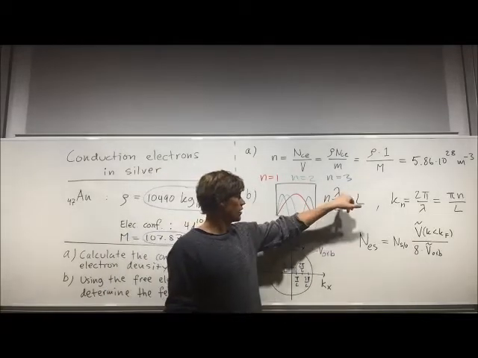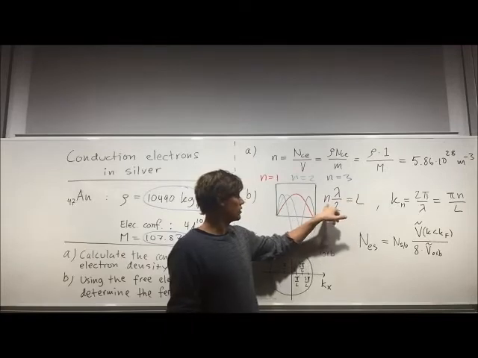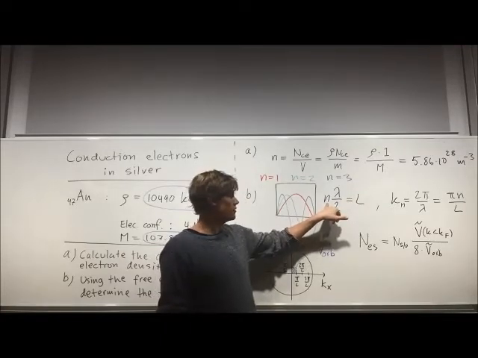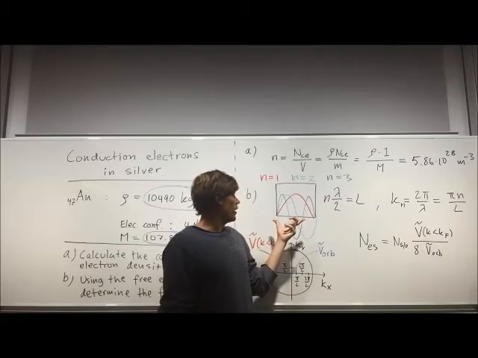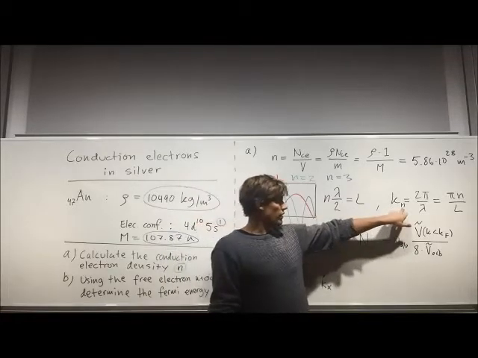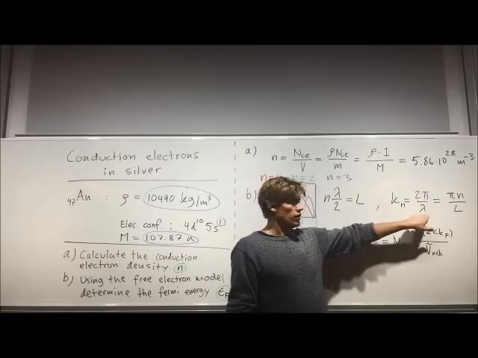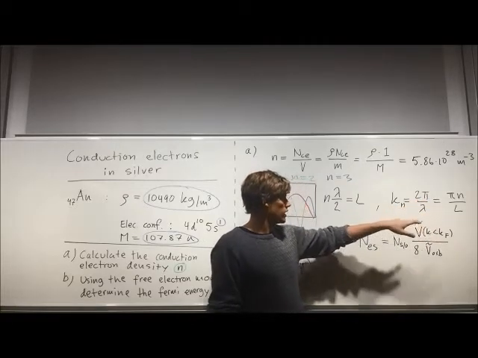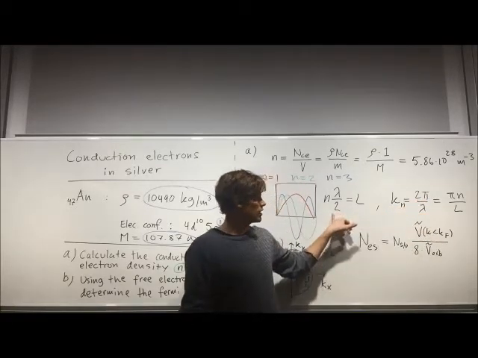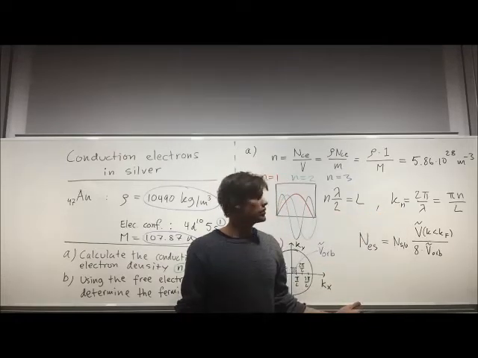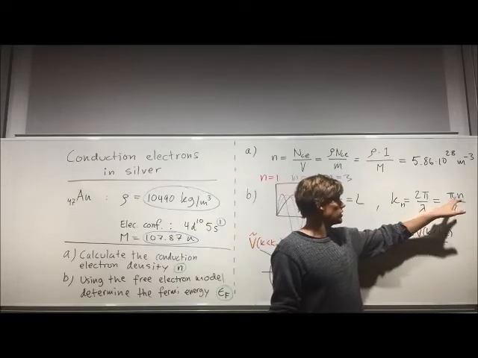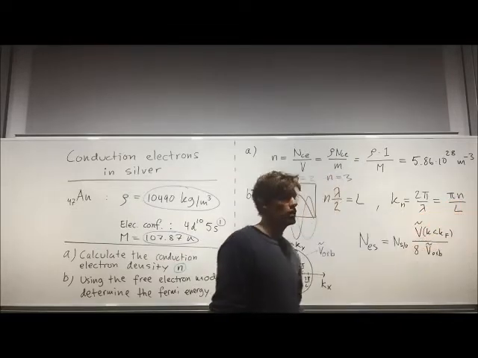And the wavelength divided by 2 times a certain integer would equal the length of the box. So using that argument and the wave vector, which is always equal to 2 pi over lambda, then exchanging lambda for this expression, you get that the wave vector for the electrons is basically an integer times pi over L.